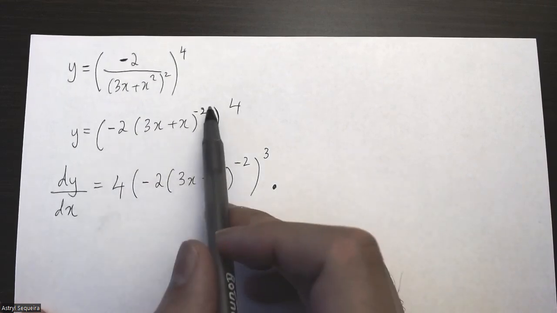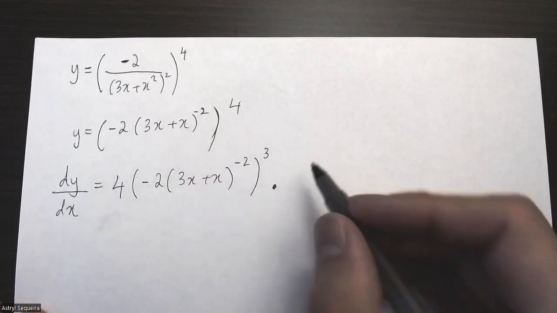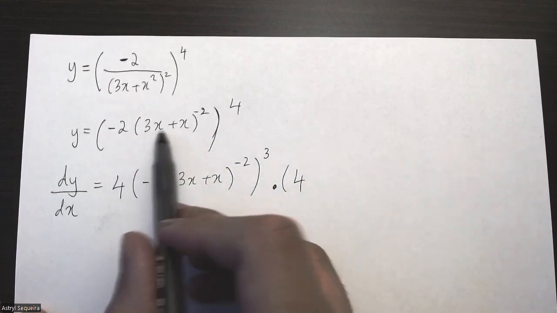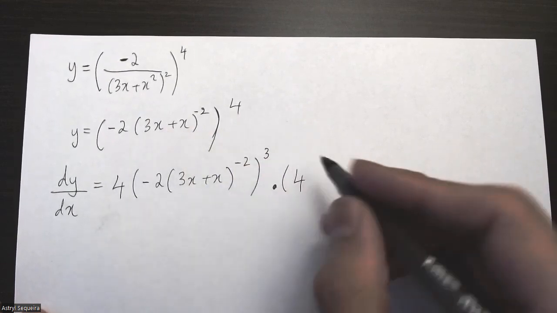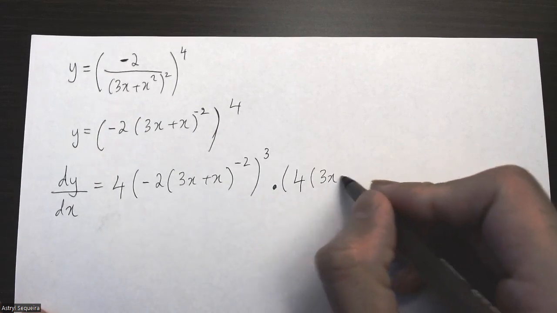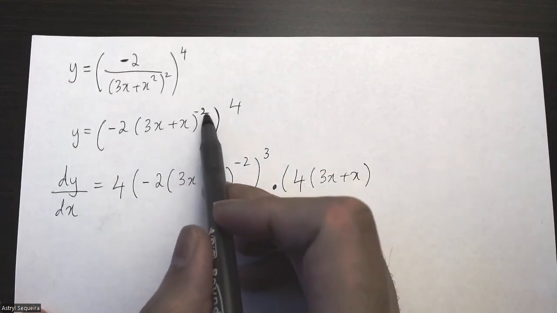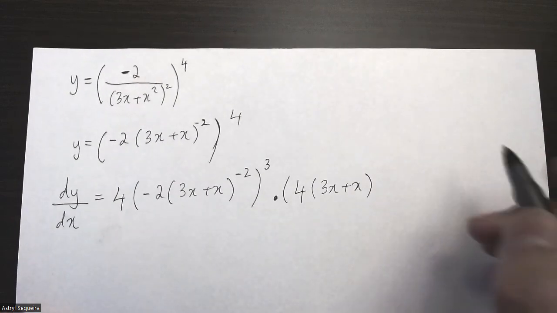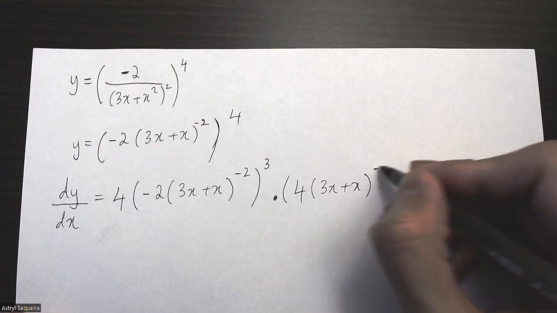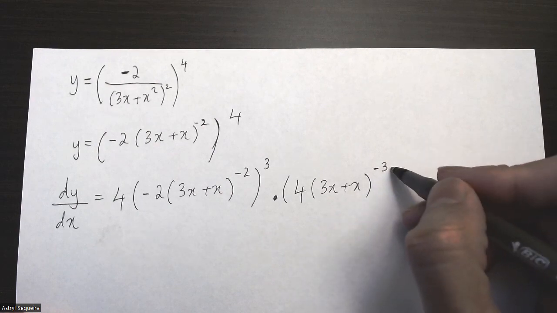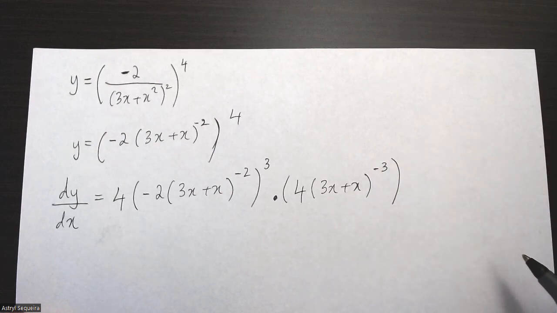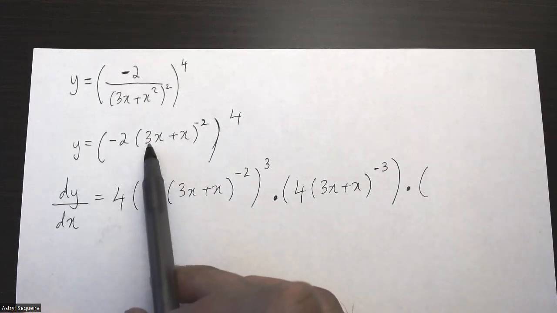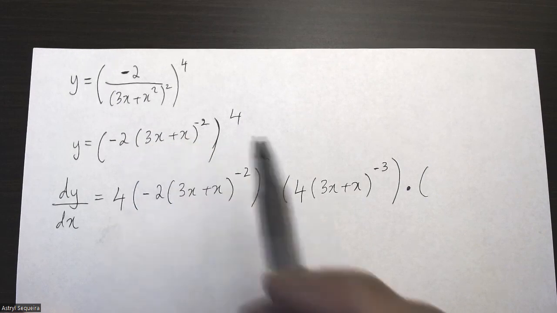So if I derive the inside, I'm going to start by doing -2 times -2, which is +4. I'm going to write the exact same thing inside this bracket, and I'm going to subtract 1 from my exponent, so my new exponent is going to become -3. And then finally, my double chain rule means I have to multiply by the derivation of the inside of this bracket.